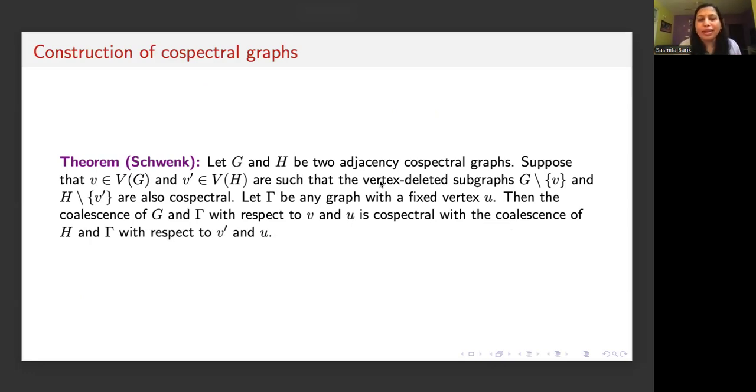There is a very nice construction given by Schwenk: if you have a co-spectral pair, then you can move to another co-spectral pair, and finally construct many co-spectral pairs.